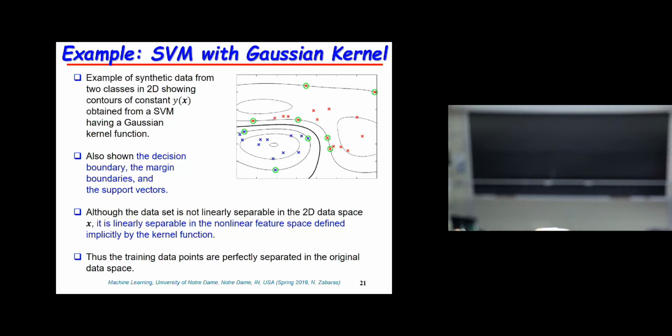But unfortunately for training, it would be fantastic if the only data points you needed to train the model were the points on the margin, but unfortunately, we need everything. For predictions, the only data points needed are the ones on the margin. So that's how sparsity is introduced in support vector machines.